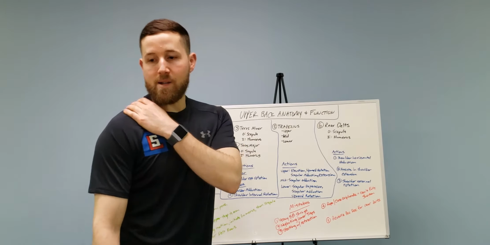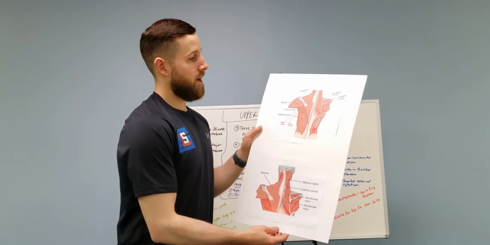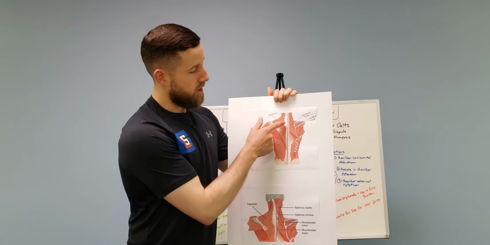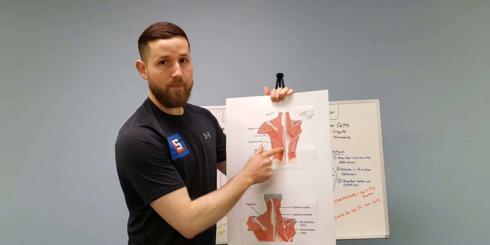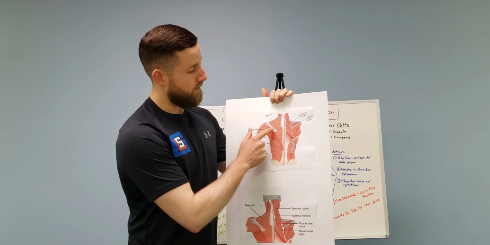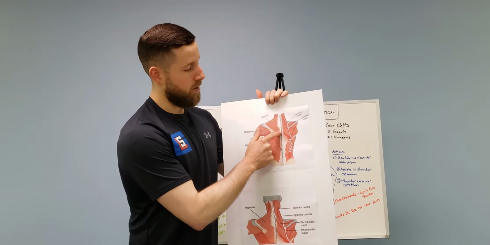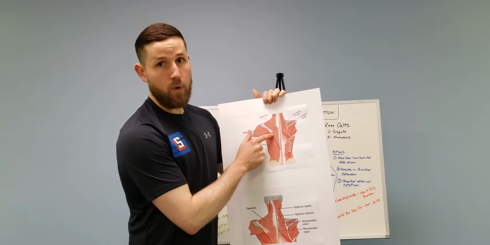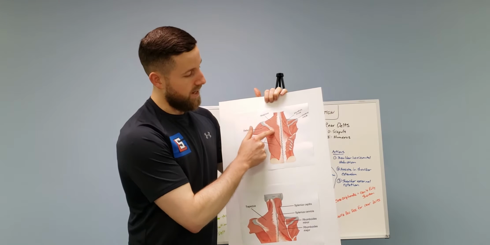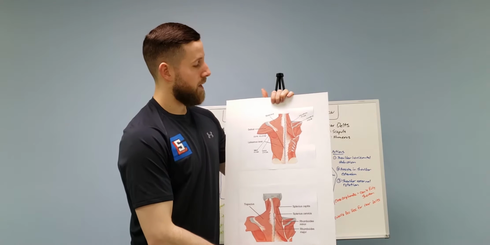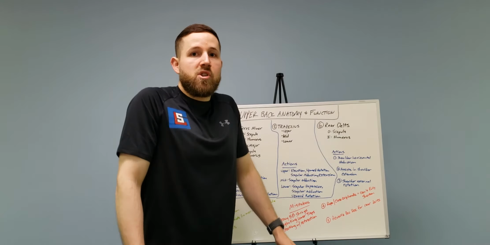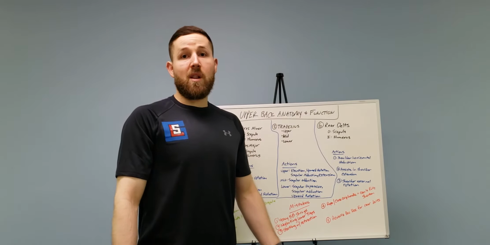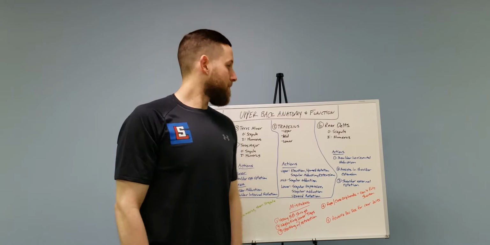But as we saw in this diagram, the traps run all the way down around mid-back level. So we have these mid fibers that run across, and then the lower trap fibers that run down along the spine. So if you only train your traps in this kind of motion, you're neglecting the other two thirds of it.